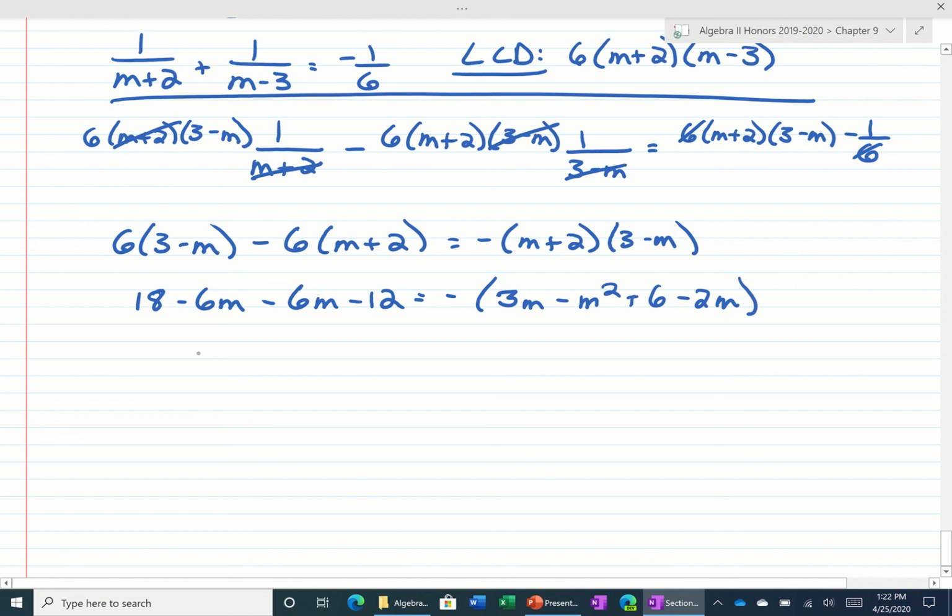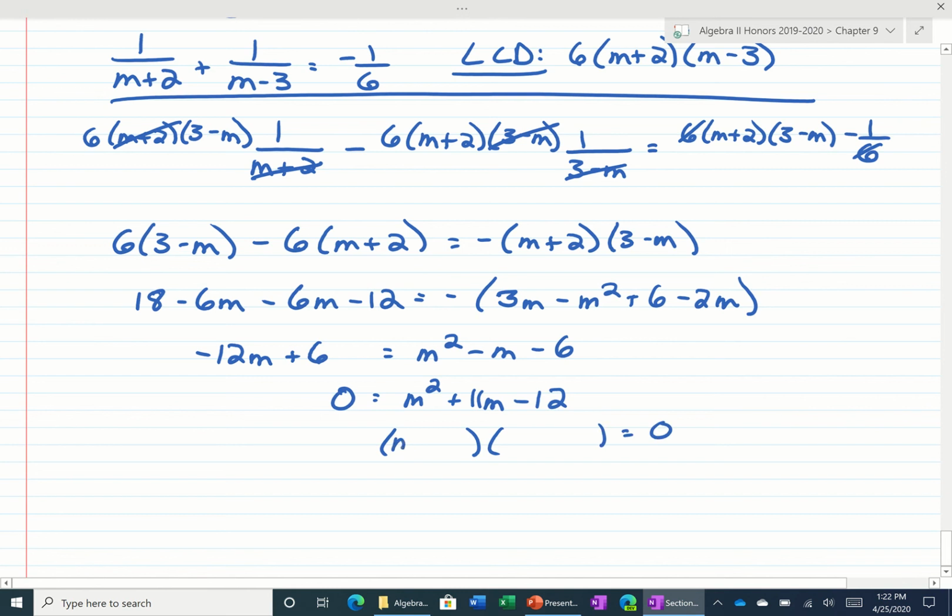So let's clean things up. If we get everything on the same side here and factor, we get m is negative 12 and we get m is 1. Alright, so let's see if I did that right here. This was problem number 23, negative 12 and 1. And neither of those would make the denominators equal to 0.